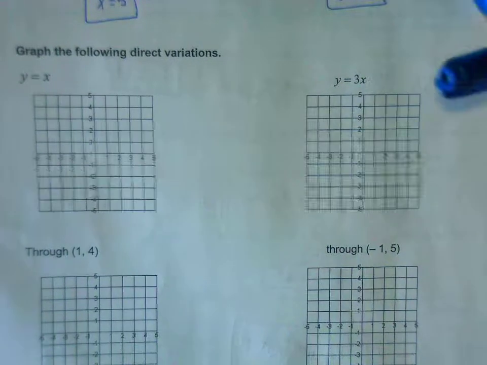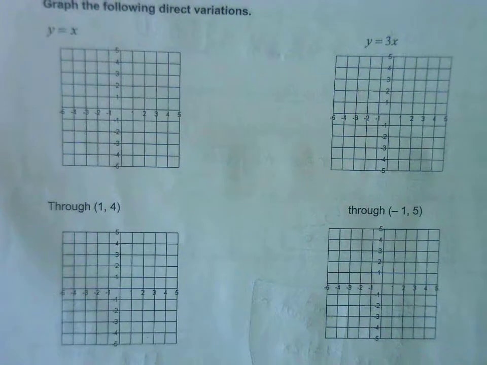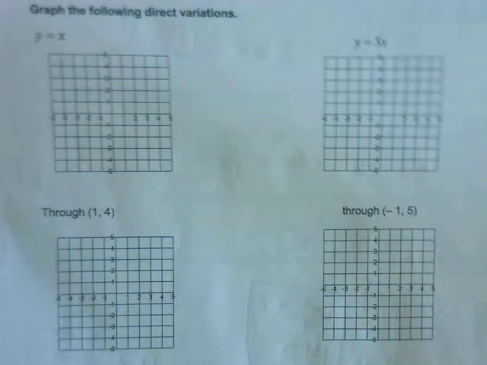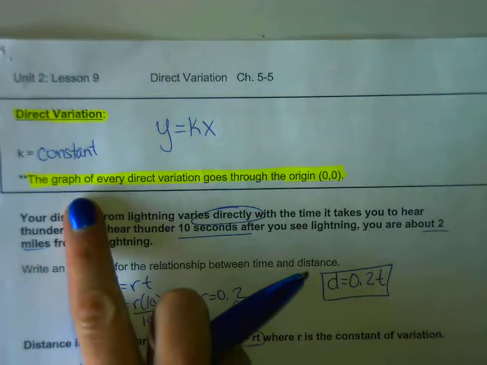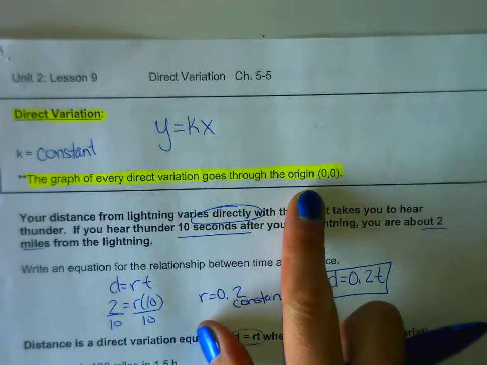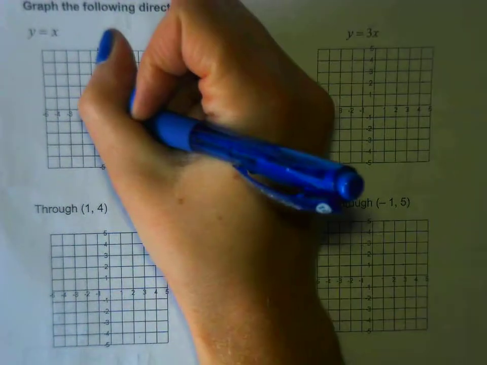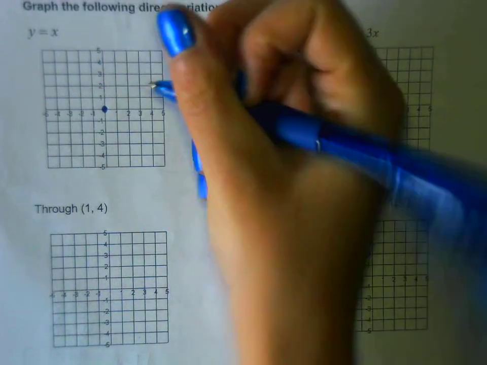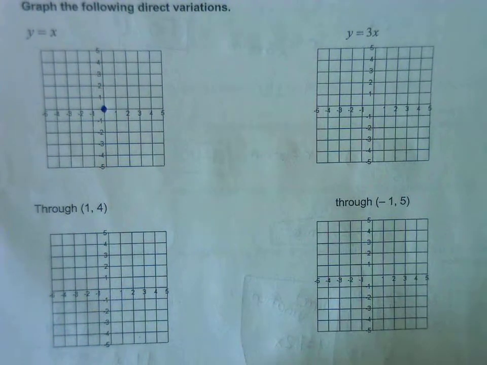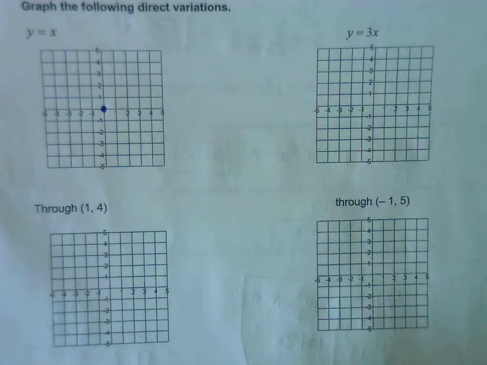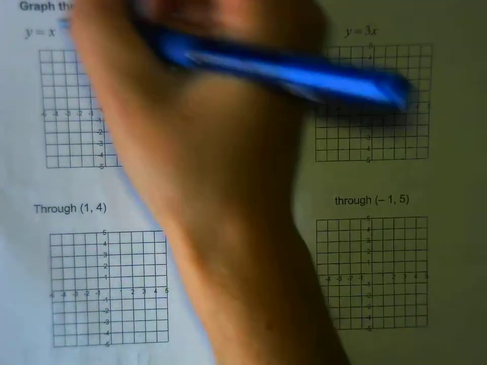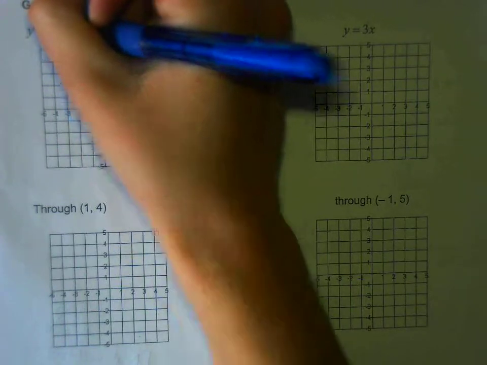Now I'm going to look at graphing my direct variations. If we remember from the front side, every graph of a direct variation has to go through the origin. So for my first graph, I have a point that has to go through my origin. From here, I need to look at my constant. My constant in front of my x is a 1.